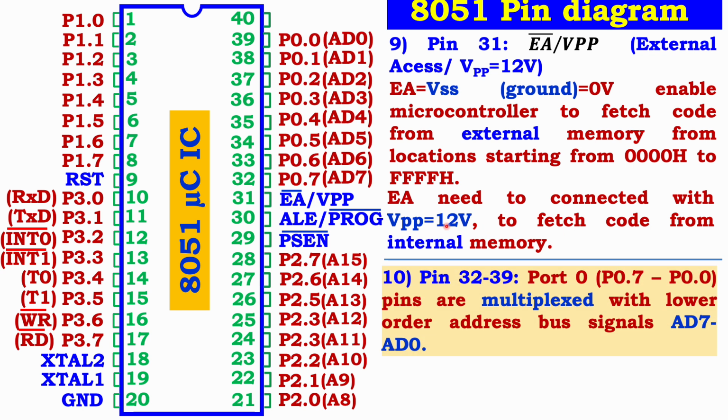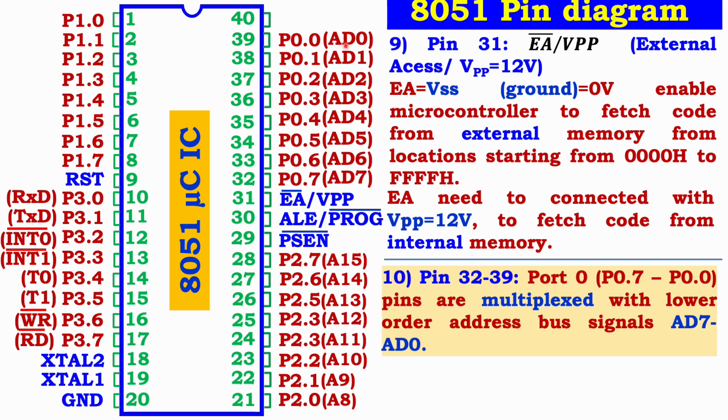Now the next one is pin number 32 to 39, 8 bits again, the last port, that is port number 0. It has an IO purpose, input output devices can be accessed by this port 0 like other ports, and it has a speciality, that is it has a multiplexed AD bus line. What is the AD bus line?